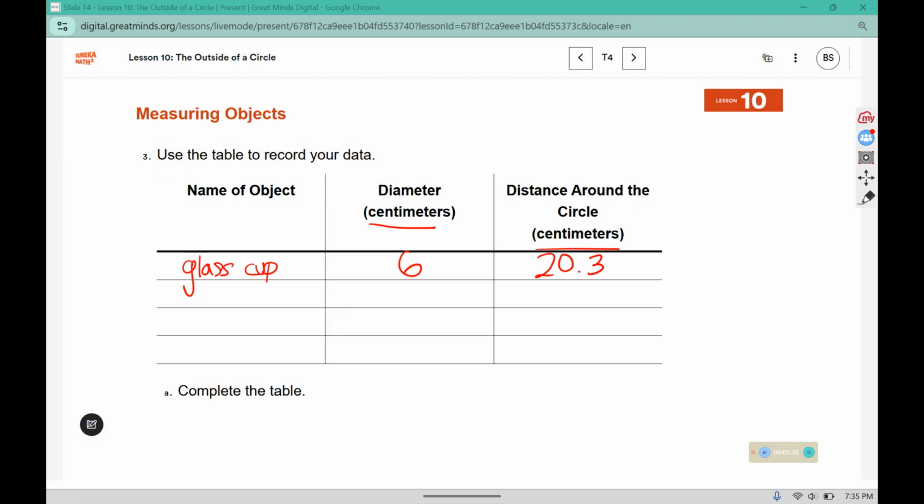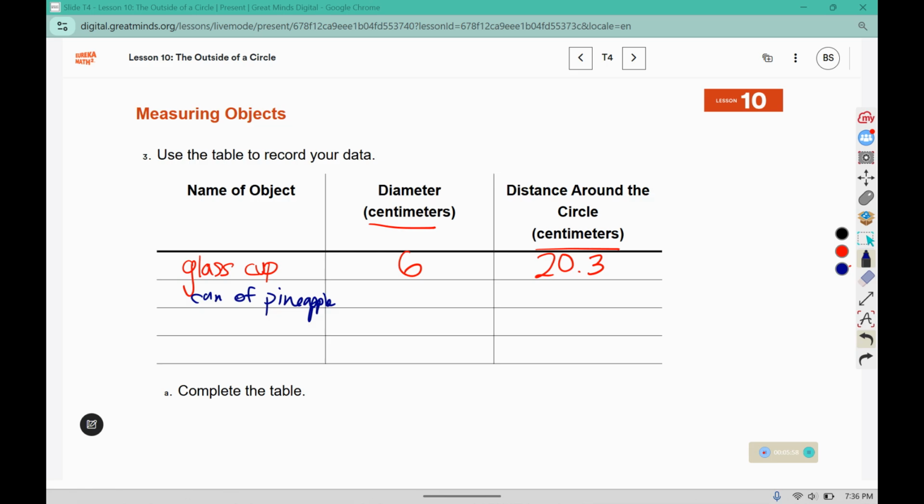Next on my list is a can of pineapple. So again, the diameter goes across the center of the circle, all the way from one side to the other.